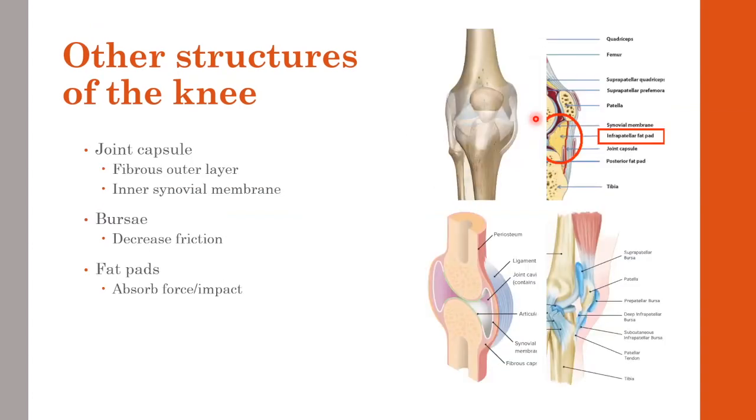Due to the complexities that we see about the knee joint, of course, we have our joint capsule, as I mentioned, covered by this fibrous outer layer, and the inner makings of this knee joint will include that synovial membrane. We also have various bursa, which are essentially around the actual bones that make up the knee joint. And we also have our various fat pads that are located strategically around this joint to absorb forces and impact.